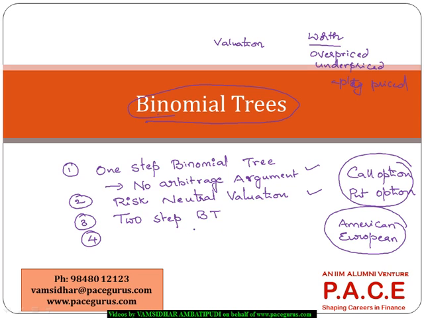Then I would like to bring in the concept of delta, which has to do with the sensitivity of the option. So how do I evaluate the sensitivity or the delta using the binomial tree approach? Then how do I get into the volatility assessment using the binomial tree approach?